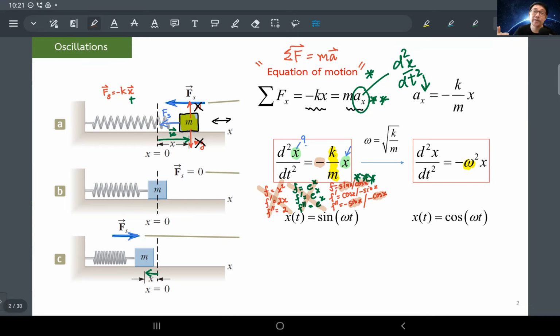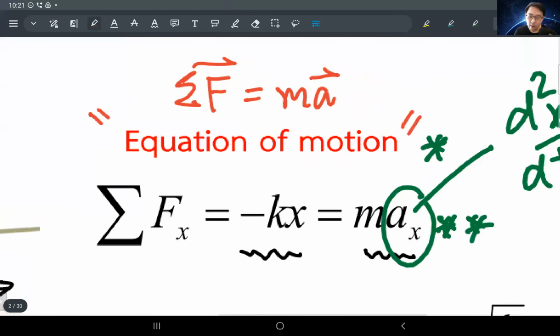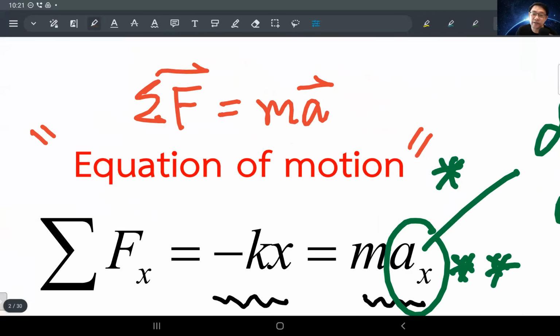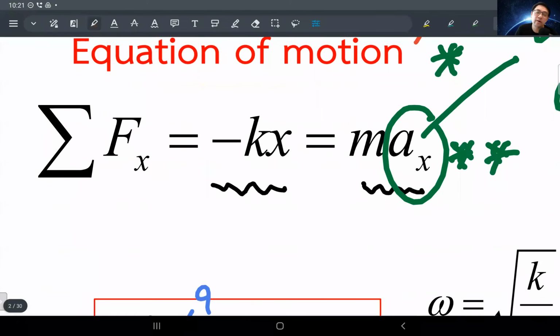It's a solution to a differential equation derived from Newton's law. Isn't that crazy? To me, this is like a wow moment, guys. You're starting from just a simple sigma F equals ma. You do just like you did, a free body diagram, write down all the forces acting on a mass, and equate that to m times acceleration.